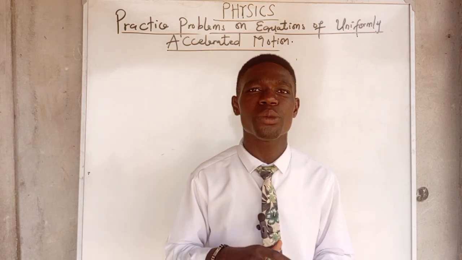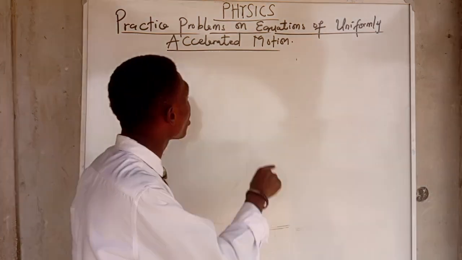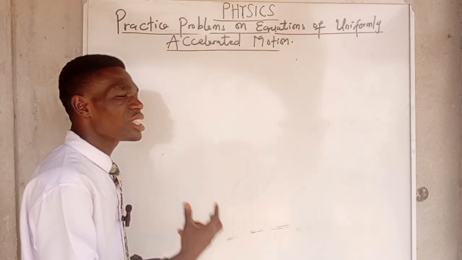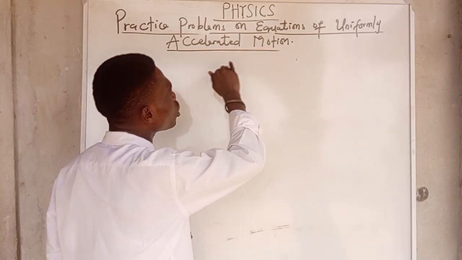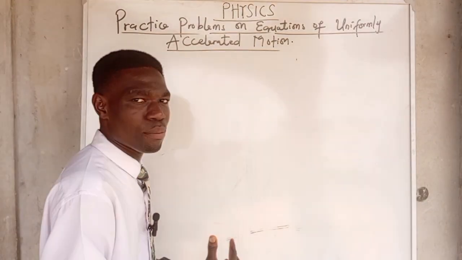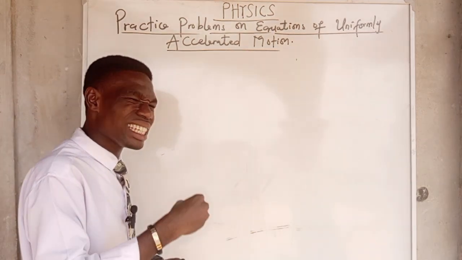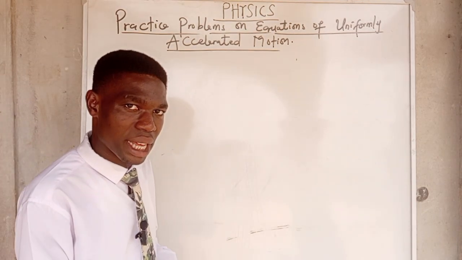Now, today we're going to be looking at practice problems on equations of uniformly accelerated motion. We want to see how we can use these equations of motion, which we had derived previously, to calculate problems related to motion. Are we together now?